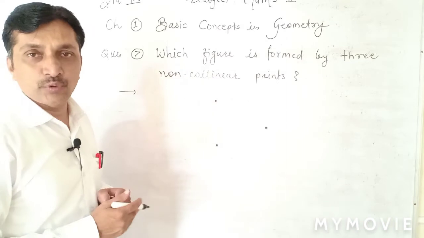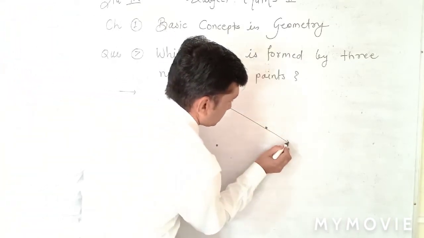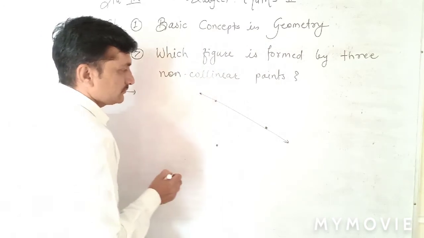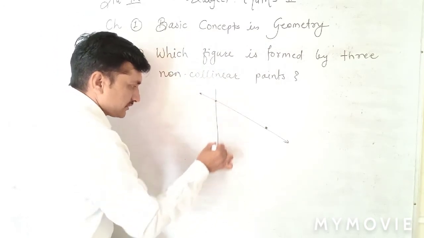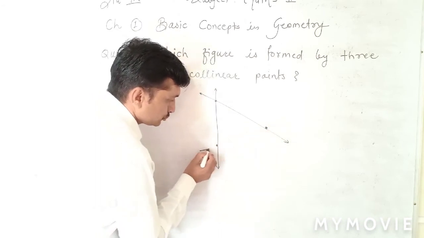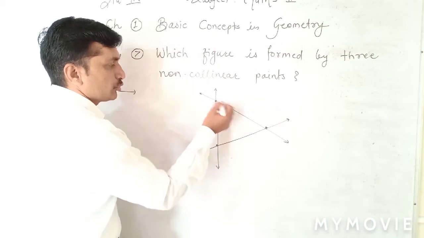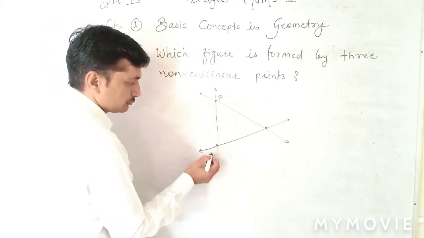Now draw all 3 points with each other. Here the first line. Second, I draw like this, and third passing through these two. If you want to give names, you can: PQR.